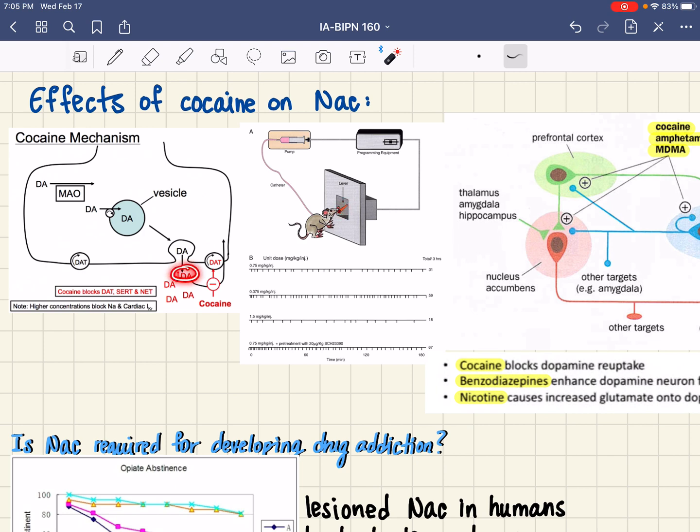Yes, there is dopamine being produced, and this cocaine is blocking these reuptake machineries, so there's a lot of dopamine in the synaptic cleft. However, the dopamine receptors are blocked. So the infusion of cocaine is not really doing anything to the mouse, because the dopamine receptors are blocked anyways.